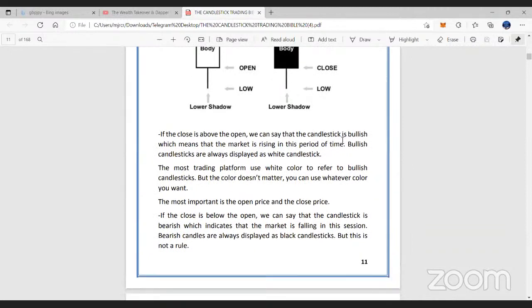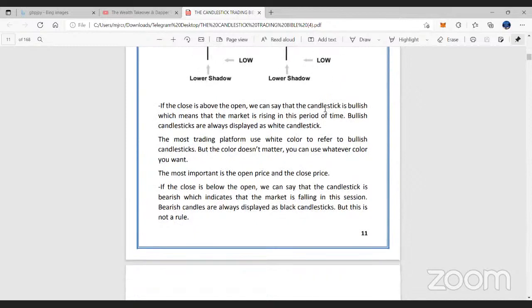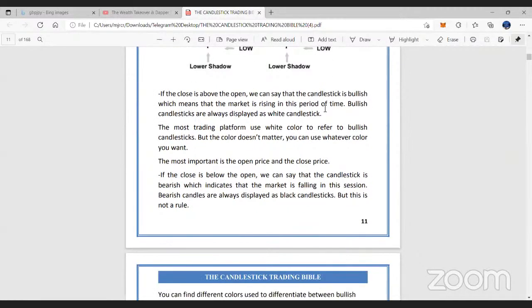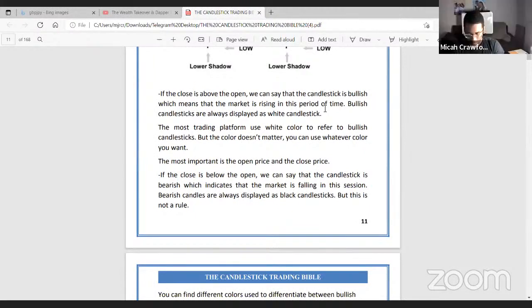Bullish candlesticks are always displayed as white candlesticks. Most trading platforms use white color to refer to bullish candlesticks, but the color doesn't matter. You can use whatever color you want. The most important is the open price and the close price.